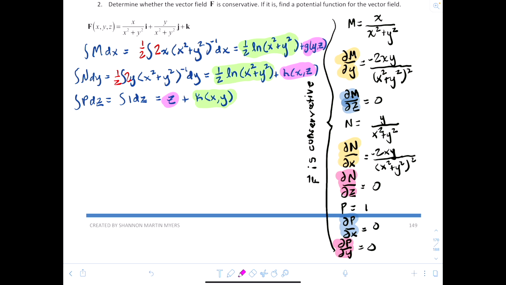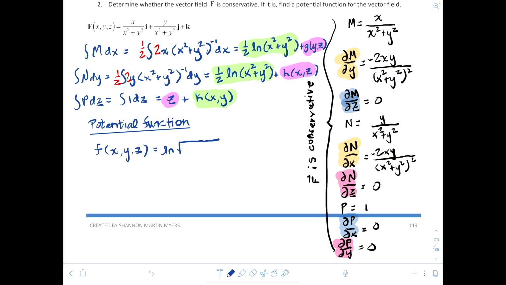All right? So our potential function f at x, y, and z is equal to, and let's pretty this up a little, 1/2 times natural log of x squared plus y squared, which is equivalent to natural log of the square root of x squared plus y squared.